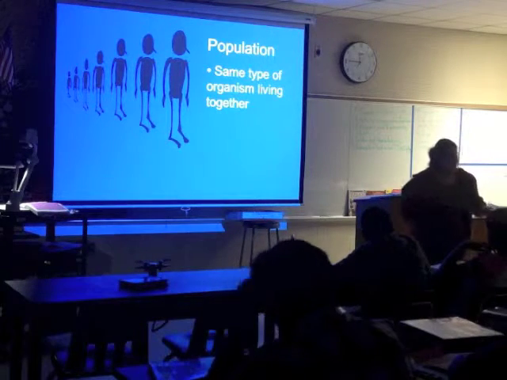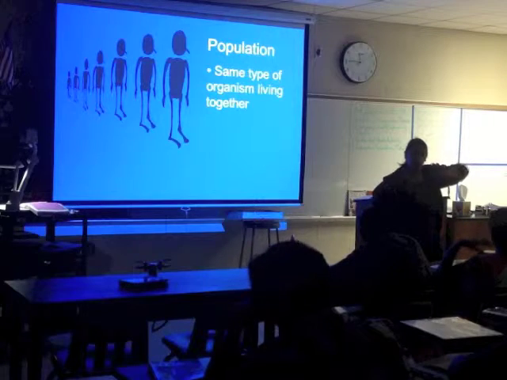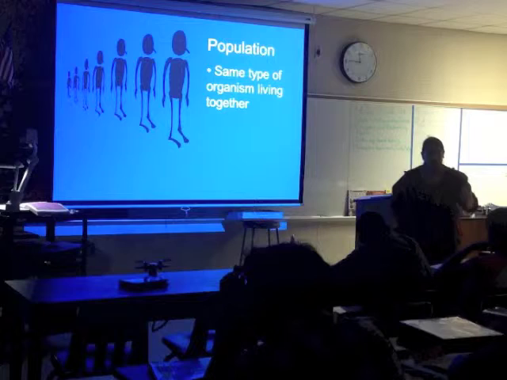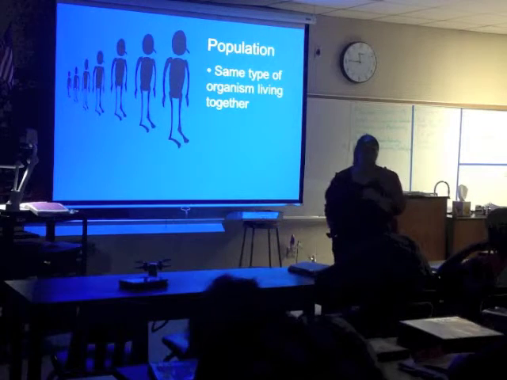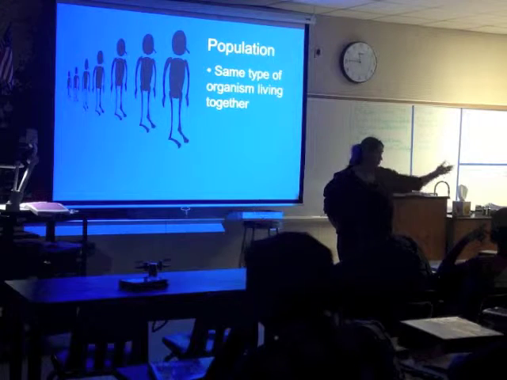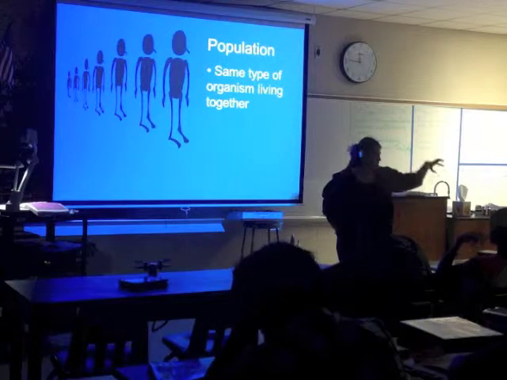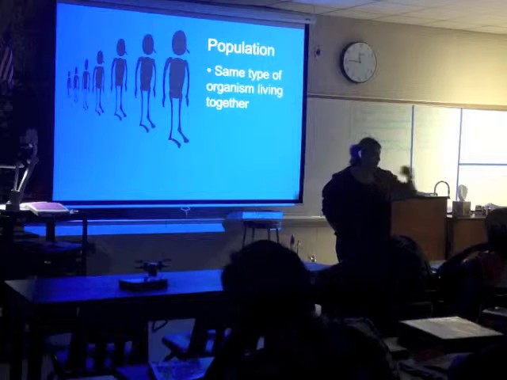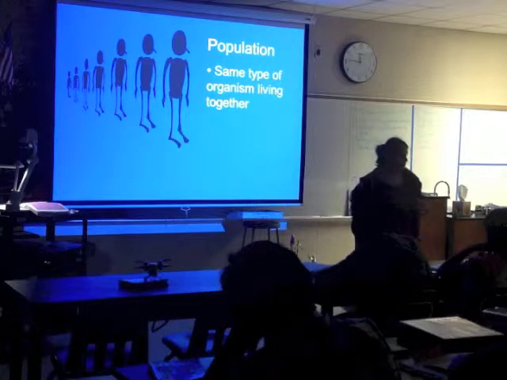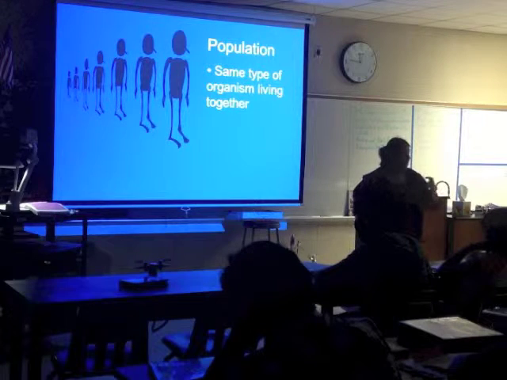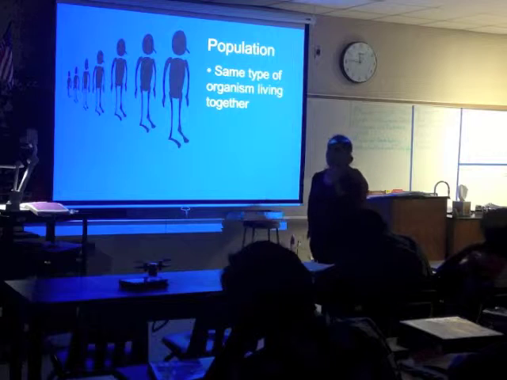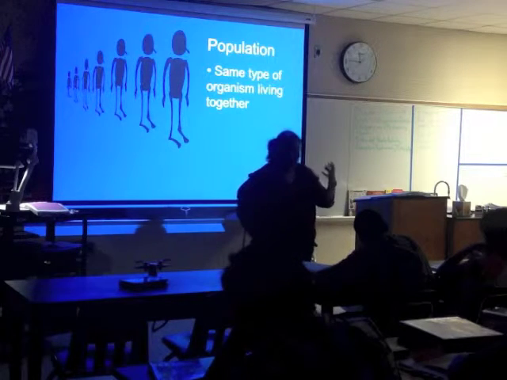A population is every single organism of the same type of bird, or every single organism of the same type of insect. The fire ants are one population. The mosquitoes would be another population. So each population has to do with all the organisms of the same species within an area.